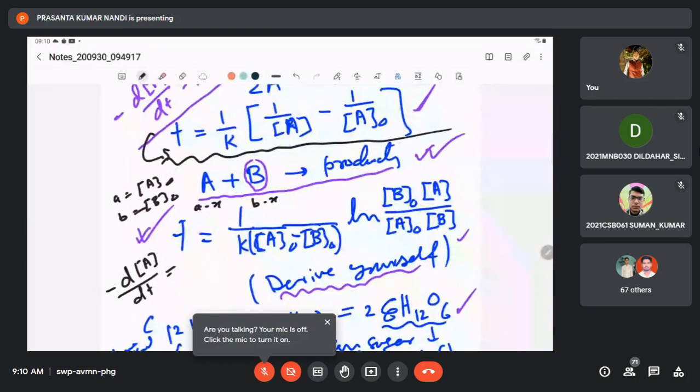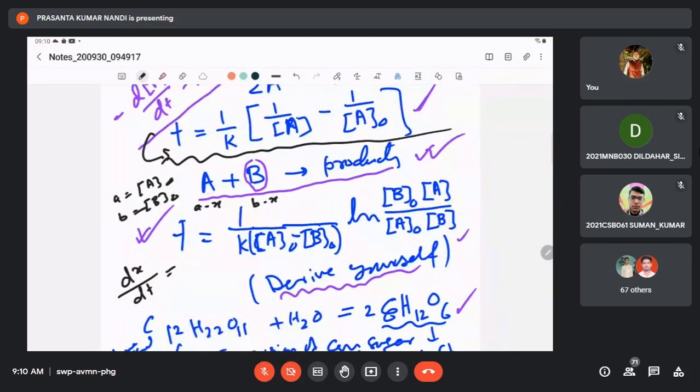Okay, and in that case, this expression you can write in this form, that is dx/dt equal to k into the concentration of A into the concentration of B. This is the rate equation. Actually, here A means A minus x.